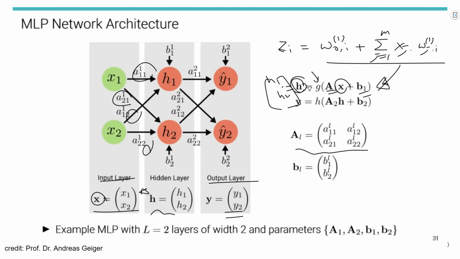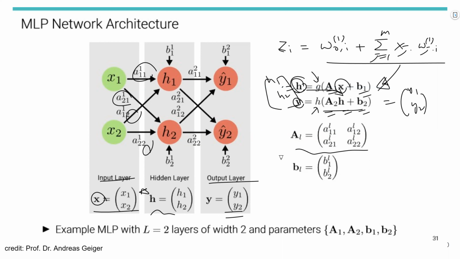And you pass this H vector to the next layer here, and you multiply this H vector with the A2 matrix and add the bias, and then pass the resulting value to this nonlinear activation function. Then you can get the output, which is Y1 and Y2.